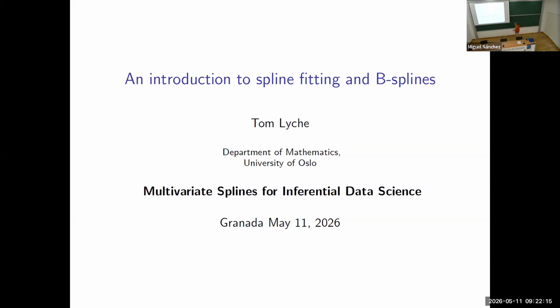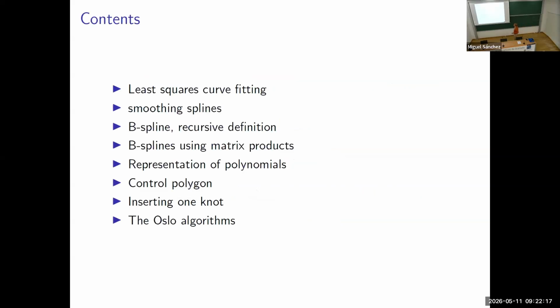So let's see. My talk, I'll start by mentioning least square curve fitting, and then a little bit of smoothing splines, a B-spline using the recurrence definition, not divided differences, and something which maybe some of you haven't seen, which is to introduce B-splines using so-called matrix products.